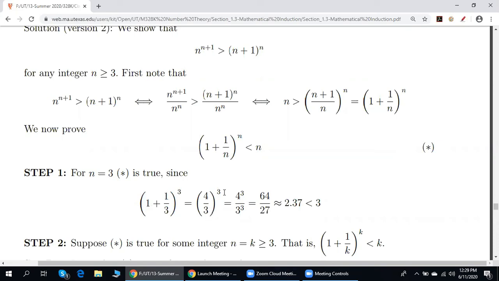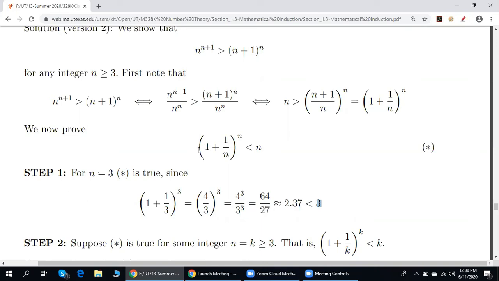We cube, done. Now, either by calculator or if you move 27 to the right, we come up with the following conclusion. 64 divided by 27 is less than 3. We are done with step 1.